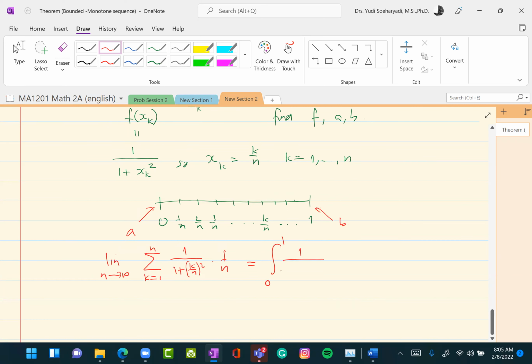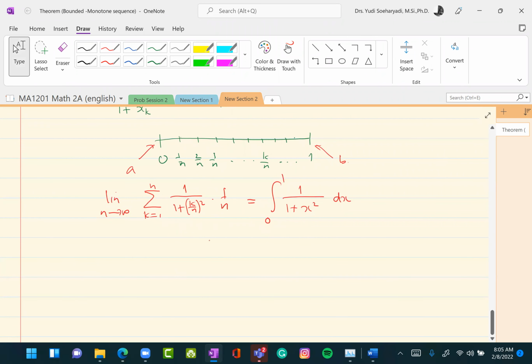The function is 1 over 1 plus x squared, and 1 over n is just dx. So we know this is the arctangent. Arctangent 0 is 0. Arctangent 1 is pi over 4. That's how you get pi over 4. Okay, questions?